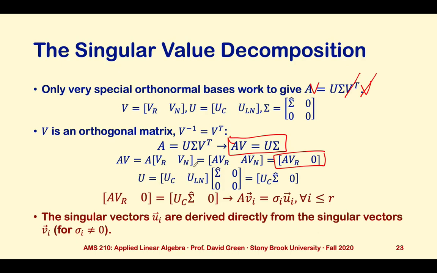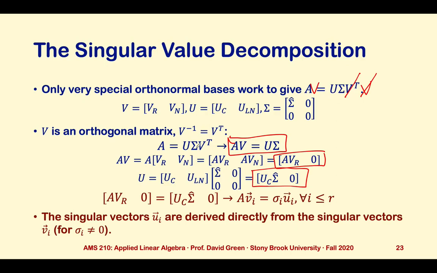If we think about the right-hand side of this expression, U multiplied by this block matrix, we multiply the first row by the first column, Uc times sigma, plus Uln times 0, which gives us this piece here, and the row times the second column gives us 0 plus 0, also 0. That gives a matrix with a block of non-zeros and a 0 block.